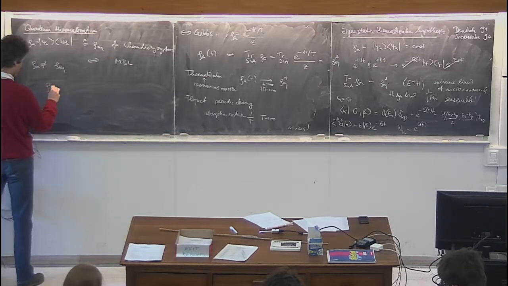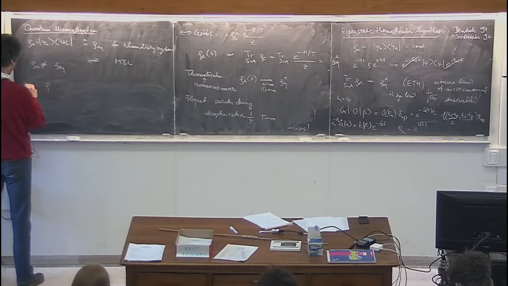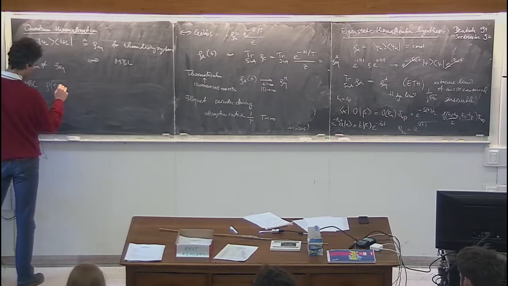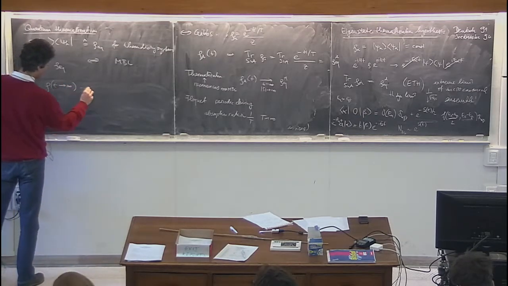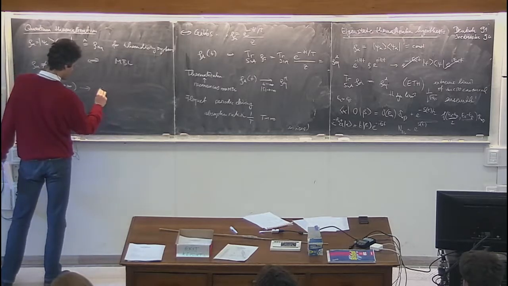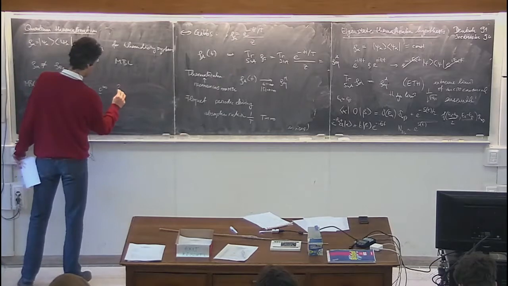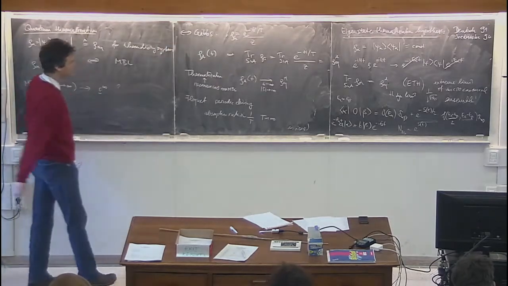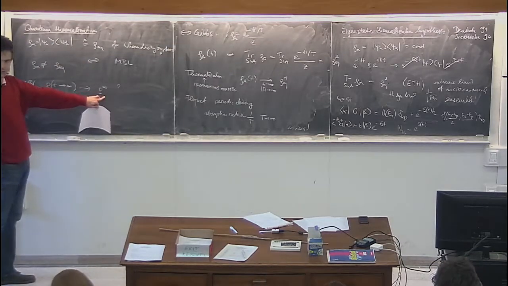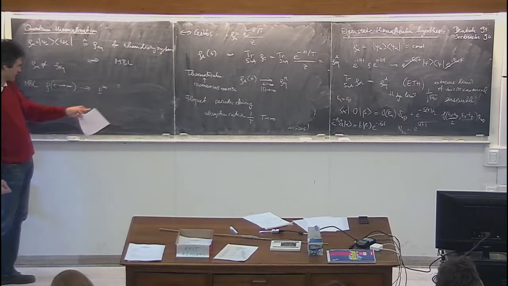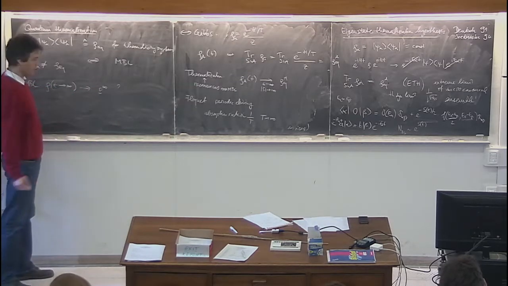So for MBL, it's still expected, I'm not sure one can prove it, that your density matrix will tend to some infinite time object. But this object is not a single parameter thing, there are many, many parameters that go in here. And depending on your initial state, you get something else.